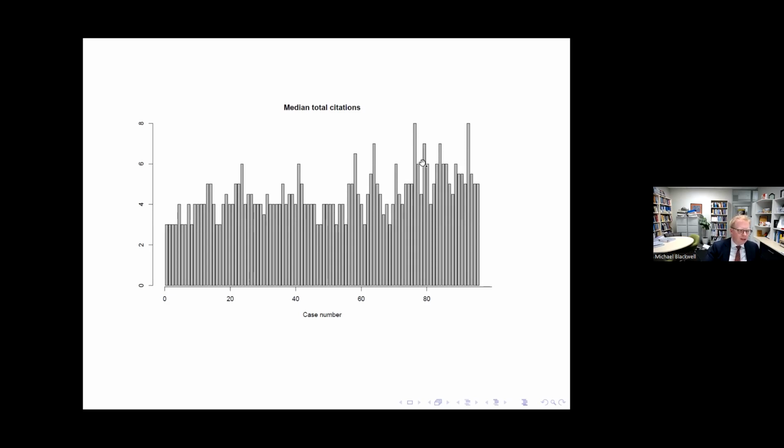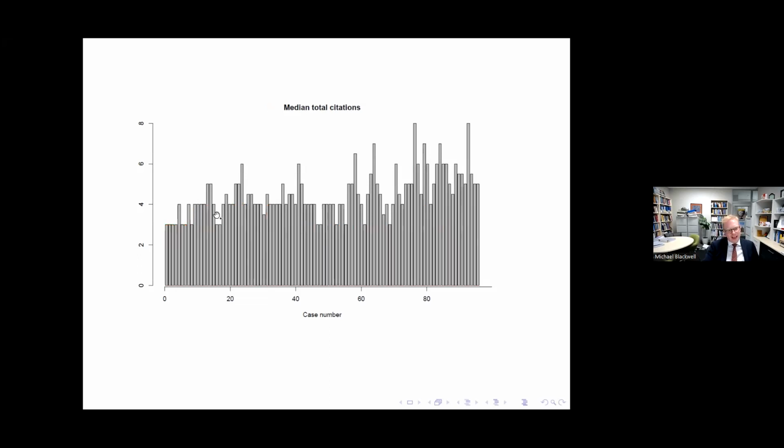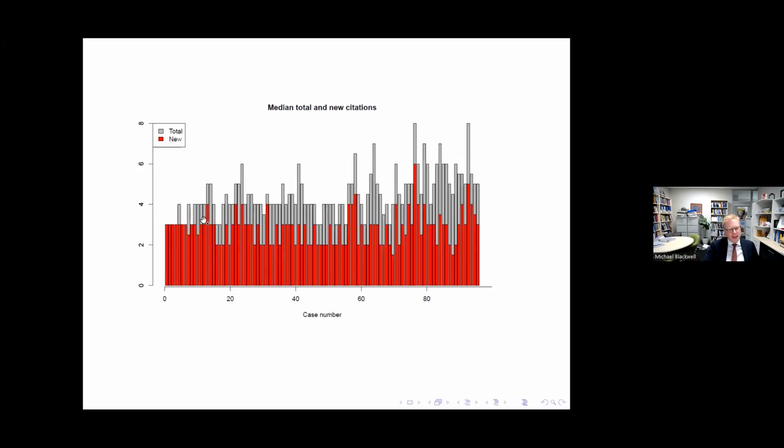So then I ask the question, what percentage of those are new cases? Generally for the median judge, on the first few cases they hear, they're all new because there haven't been earlier decisions. But then the grey bit shows that excess, the cases that they have referred to in earlier decisions.